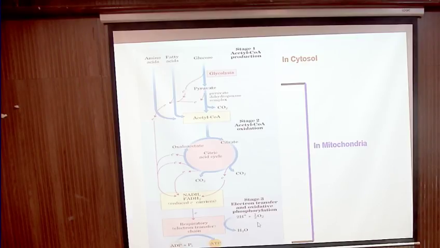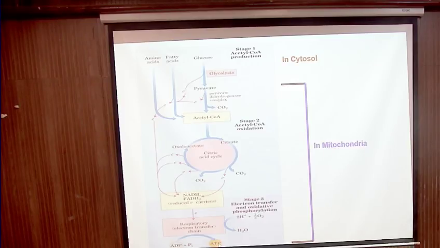Stage 3, largely, we are dealing with the electron transport chain, where in oxidative phosphorylation the most important product being formed is ATP.